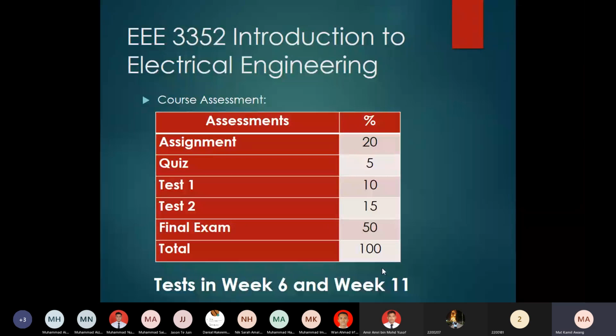After that, test 2 will cover from the transient response until the end of the semester. The final covers all, starting from chapter 1 until the final week, the DC and AC motors and generators. Okay? So that is how we are going to assess your performance.